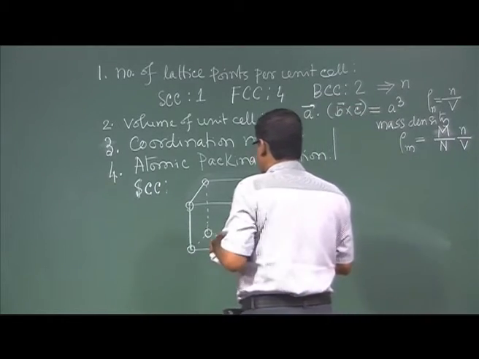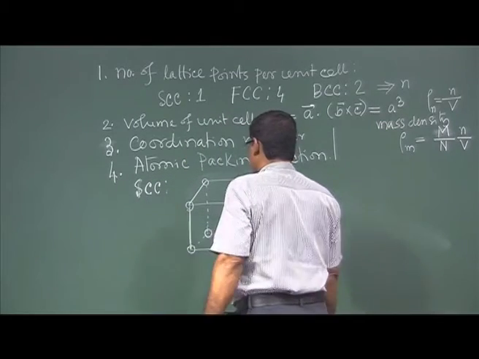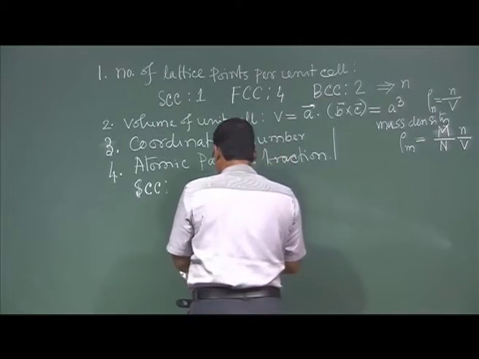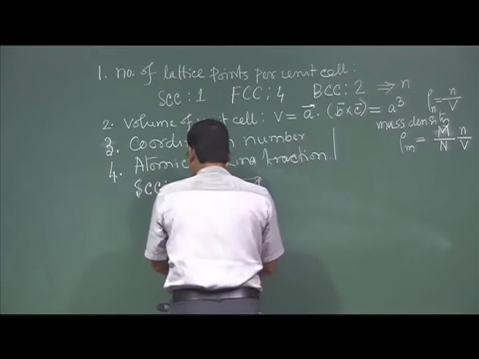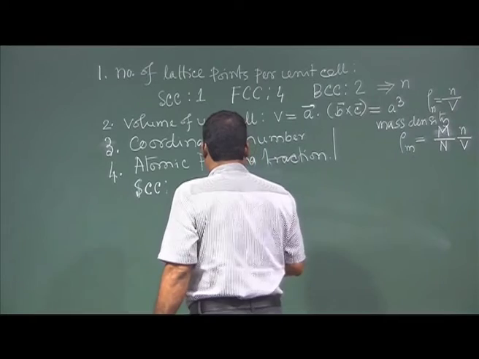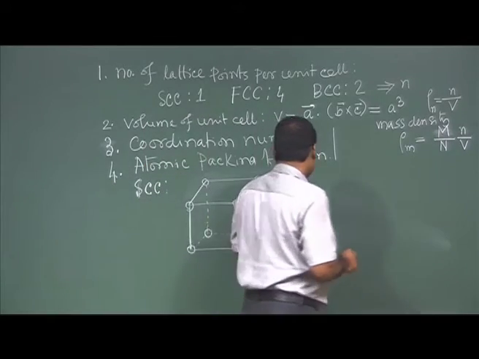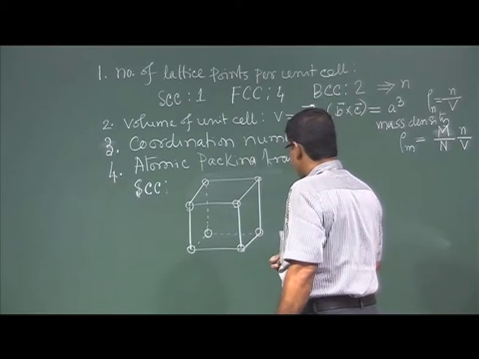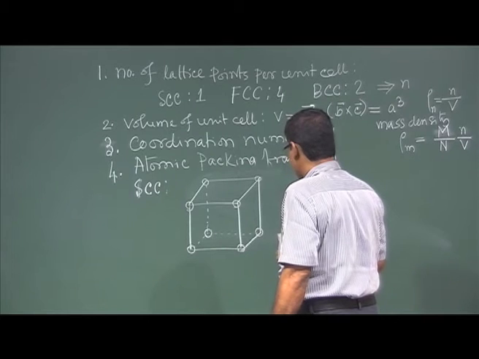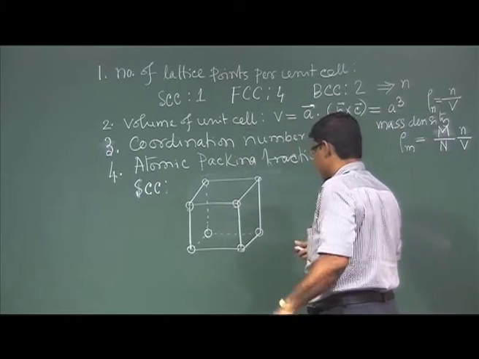Then we can find out the distance between the two atoms in terms of radius. So for simple cubic, what is the nearest two atoms, the smallest distance between two atoms? They will touch each other, other atoms may not touch.